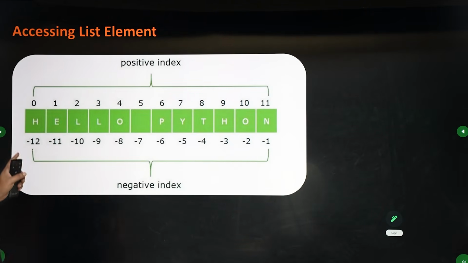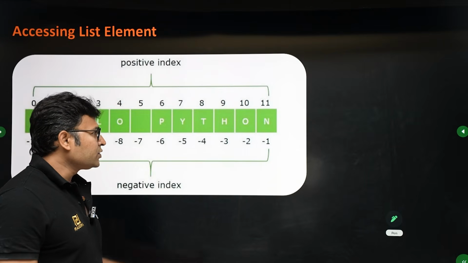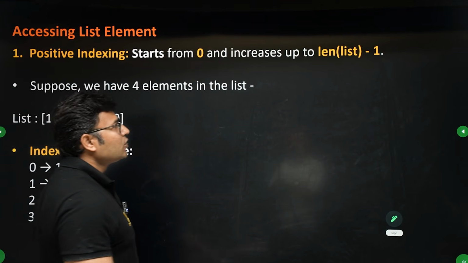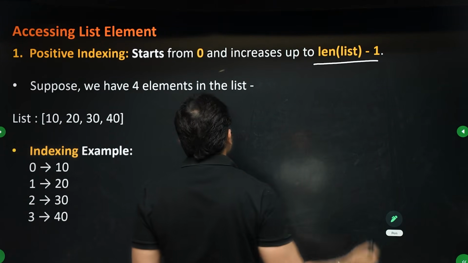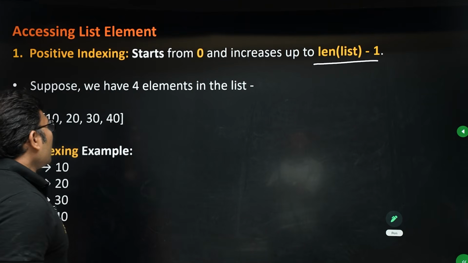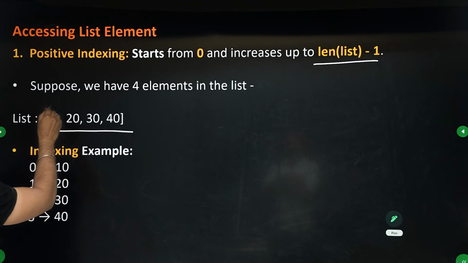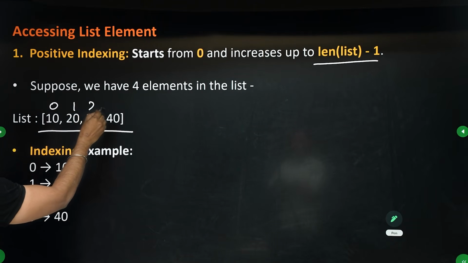So if you are going from left to right, your indices are going to start from 0. If you are going from right to left, your indices are going to start with -1. So positive indexing will start from 0 and will go to length of list minus 1. So if you have 4 elements, for example, like this, this is 0, this is 1, this is 2, this is 3.